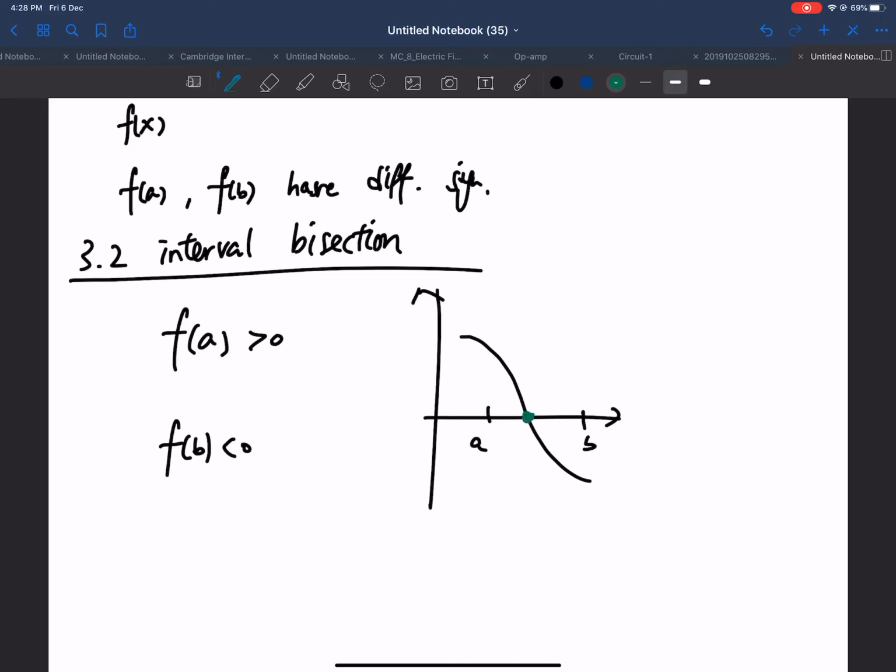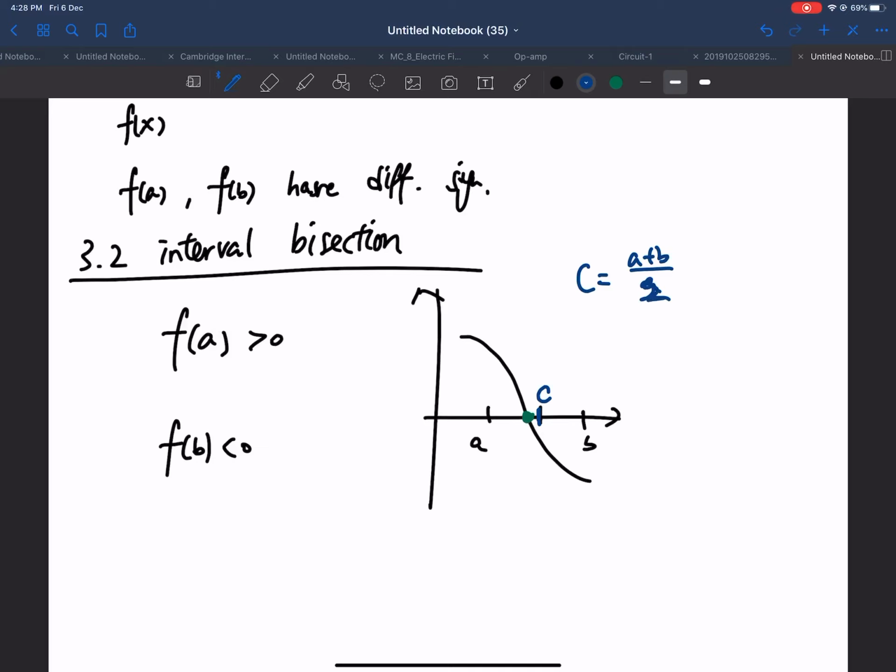Now, what does it mean by interval bisection? Bisection, you know what it means? Cut in half. So let's say the midpoint is point c. You put f(c) and you find it. c is the midpoint of a and b, that means (a plus b) over 2.